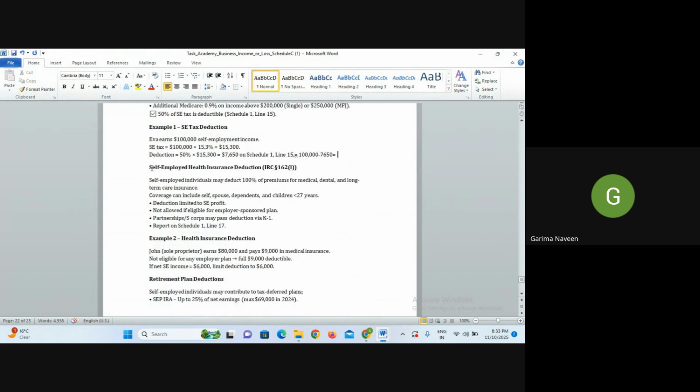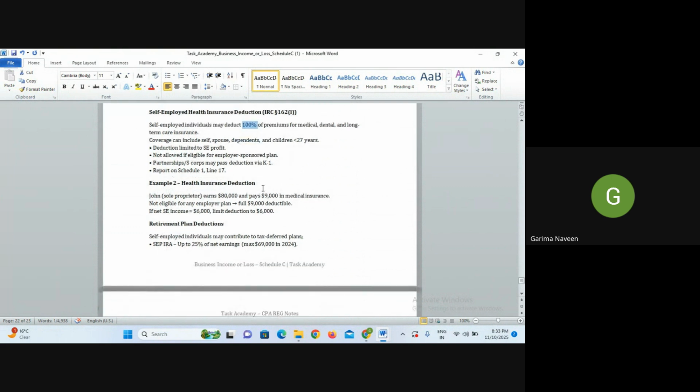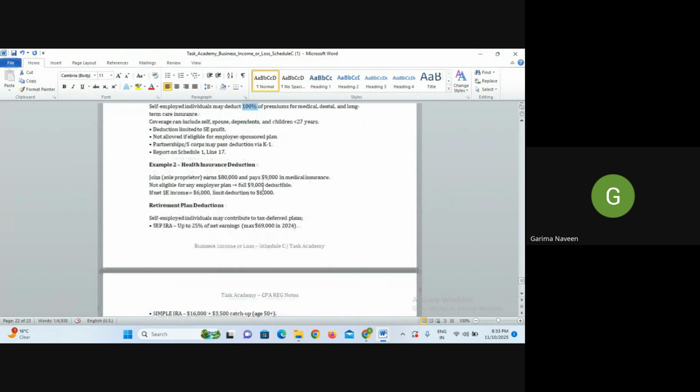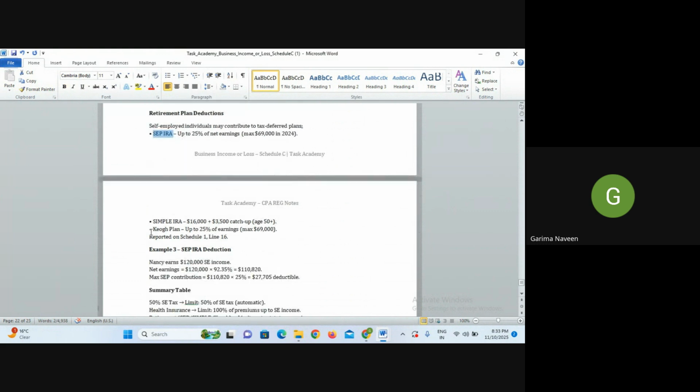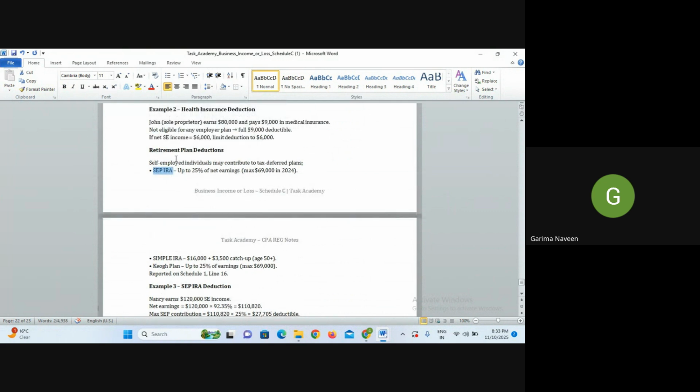Next, if you are a self-employed person and you have some health insurance plan, then you can get 100% deduction of the premium you are paying to this plan. Also, if you have some retirement plan like SEP IRA, SIMPLE IRA, or Keogh plan, then you can get the deduction for any contribution to this plan.